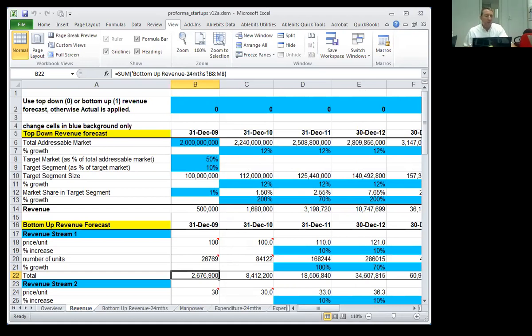and now we're going to do revenue forecasting. So we will attempt to forecast our revenue both top down and bottom up, and then we will look at the difference in the results of our initial assumptions, and then we will attempt to identify which are the weakest assumptions that we made.